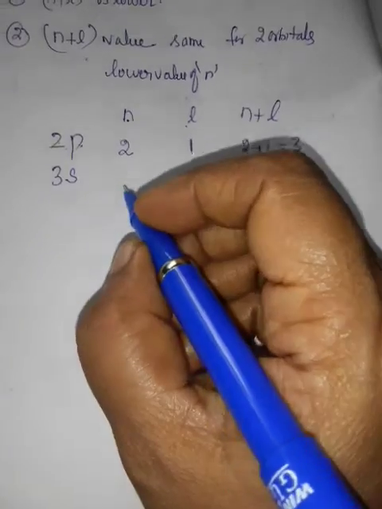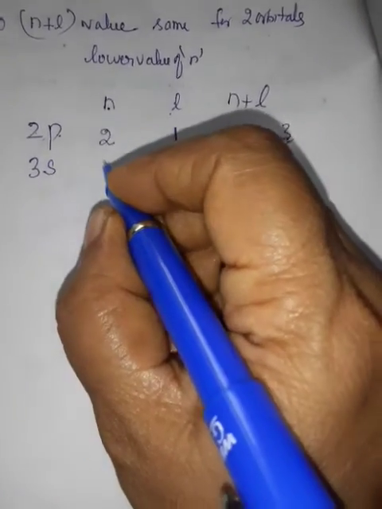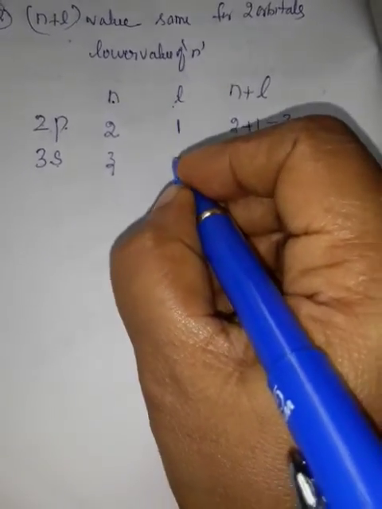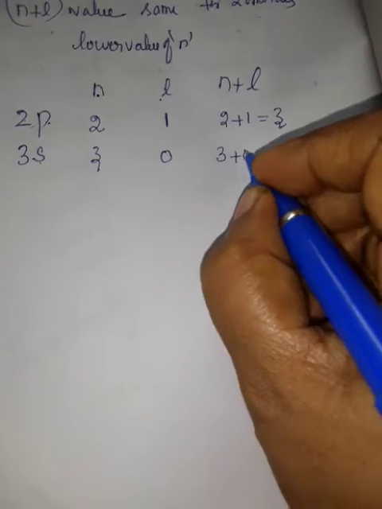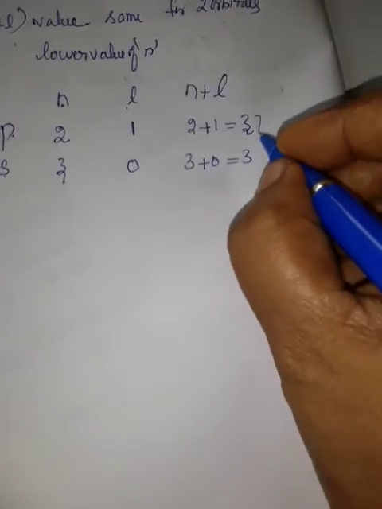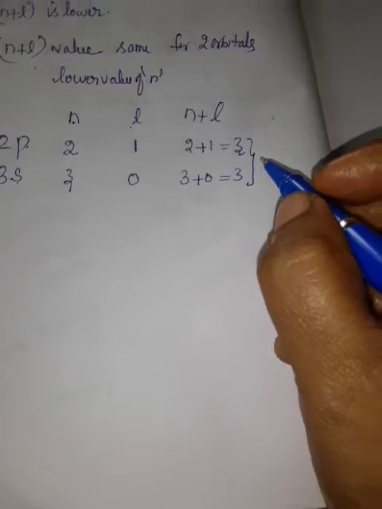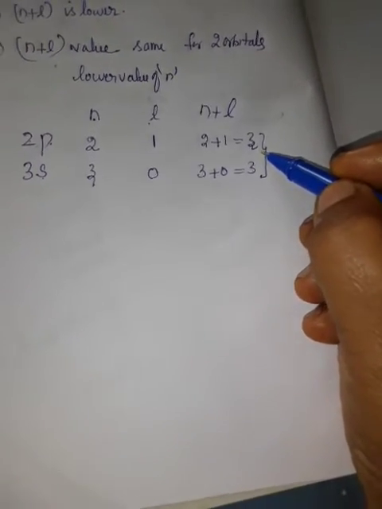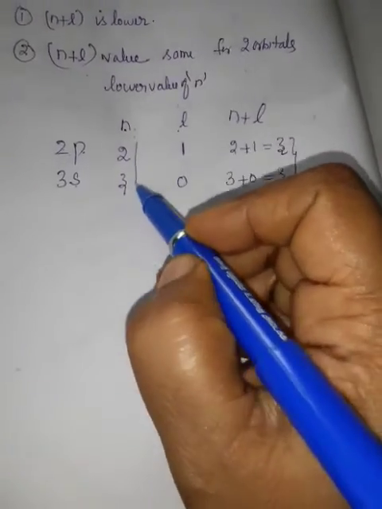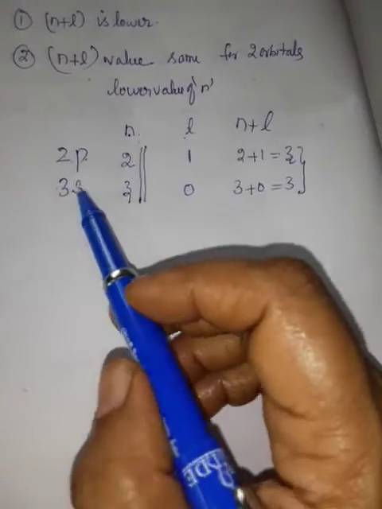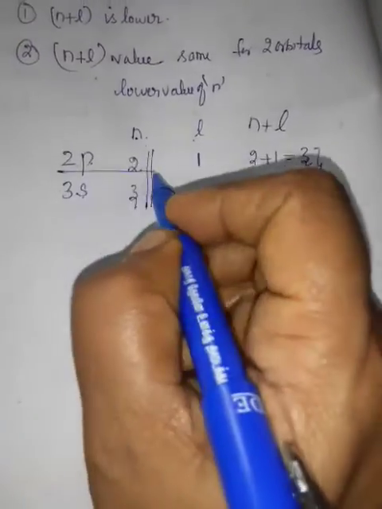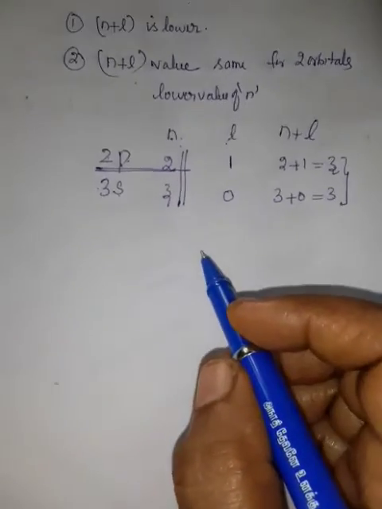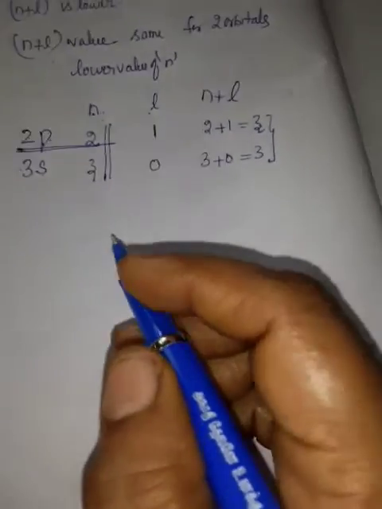Take 3s. The n value is 3. An s orbital always has L value 0. So 3 plus 0 equals 3. Both get an equal n plus L value. If both orbitals have equal values, now see the n value. Which has the lower value of n? 2p. So 2p is filled first, then comes 3s. That is the n plus L rule.